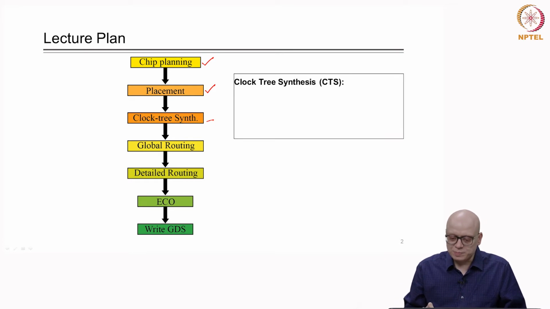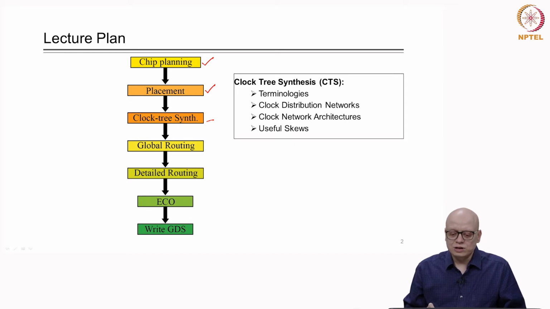Specifically, we will first look at some terminologies related to clock tree synthesis, then we will look at various types of clock distribution networks, and then we will look at clock network architectures and a concept of useful skews.